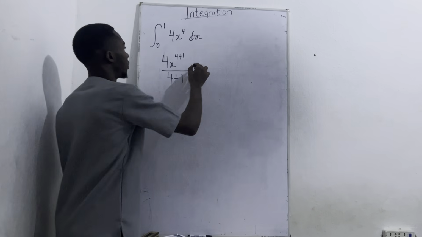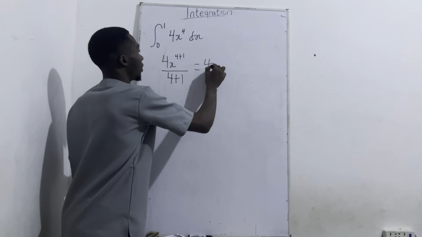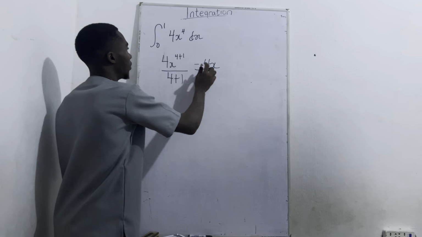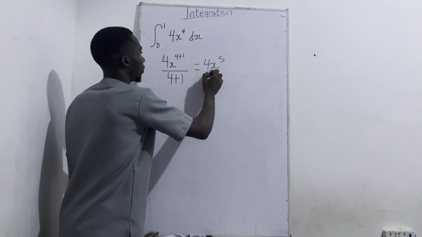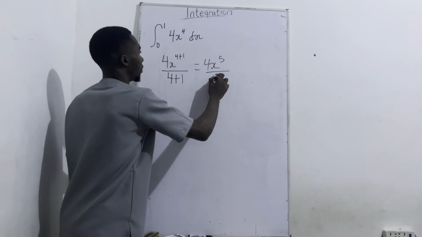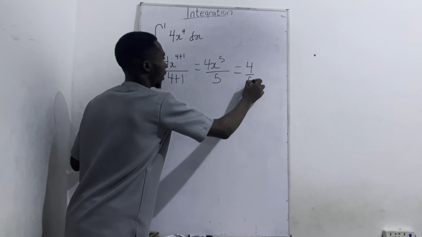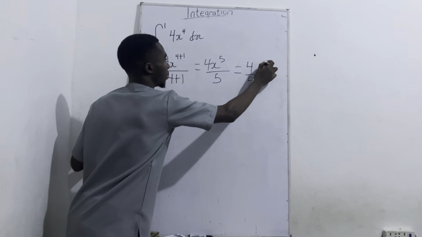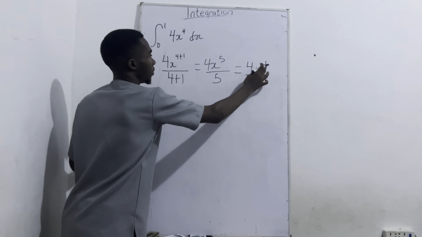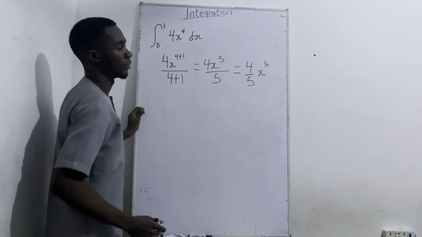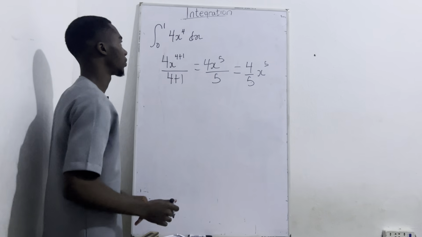So when we simplify this, we get 4x exponent 5 over 4 plus 1, which is 5. And this is also equal to 4 over 5 x exponent 5, because 4 times x exponent 5 is the numerator, then over 5. So this is our final answer, right?